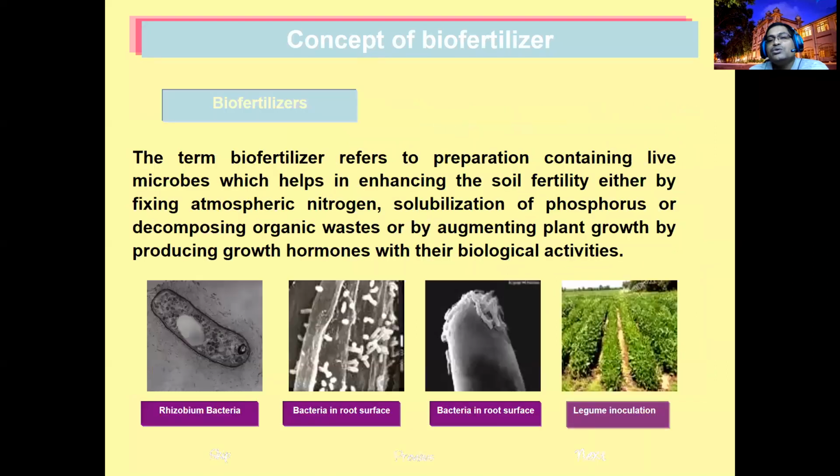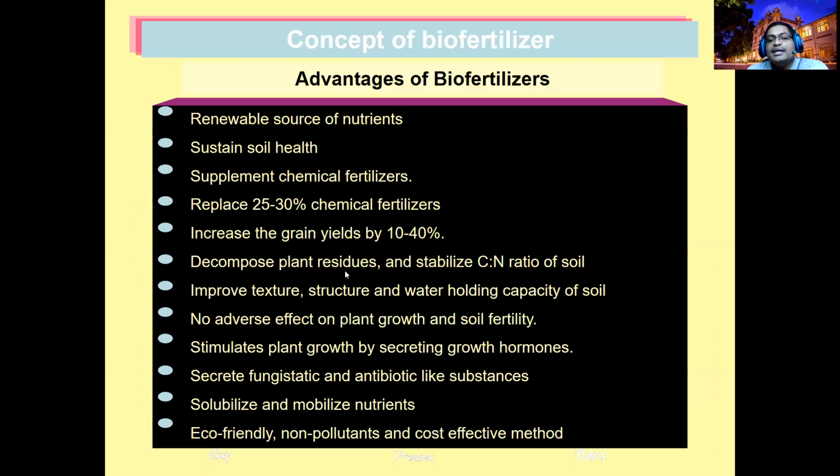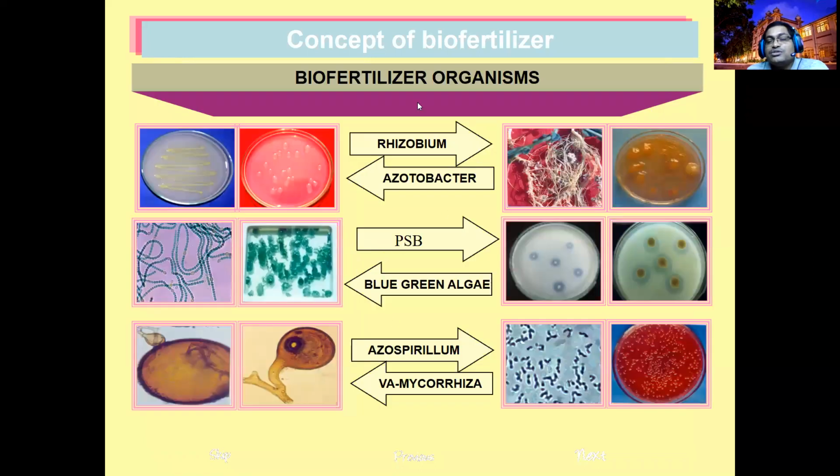For example, you can see here, this is the biofertilizer for legume fixation, and phosphate solubilizing bacteria, mycorrhiza. Rhizobium and Acetobacter, phosphate solubilizing bacteria, other than the arbuscular mycorrhiza, and Azospirillum and blue-green algae.